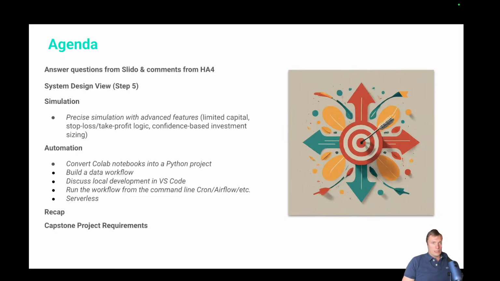But before we move on to the automation piece, which is step number 5, we will talk a little bit about the advanced simulation. Previously, we covered simple simulation, where every positive prediction where we decide to invest results in one trade, so that we have endless capital.